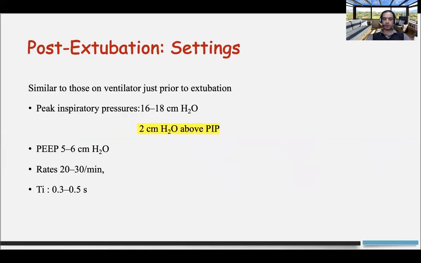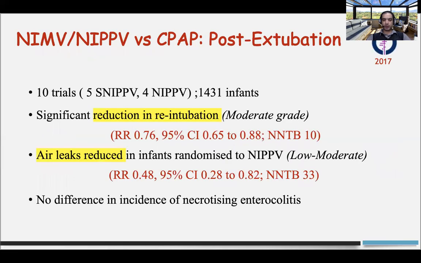For post-extubation, the PIP used is around 16 to 18, or the same as that on the ventilator. It is increased by 2 centimeters of water to account for the air leak around the nose and the mouth. PEEP of 5 to 6, rates of 20 to 30, and TI of 0.3 to 0.5 are usually used.